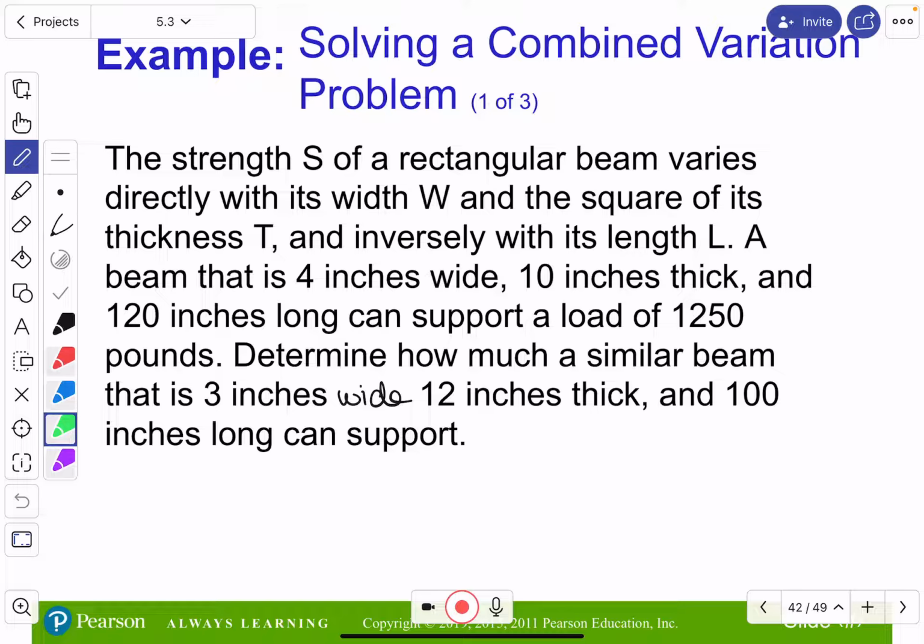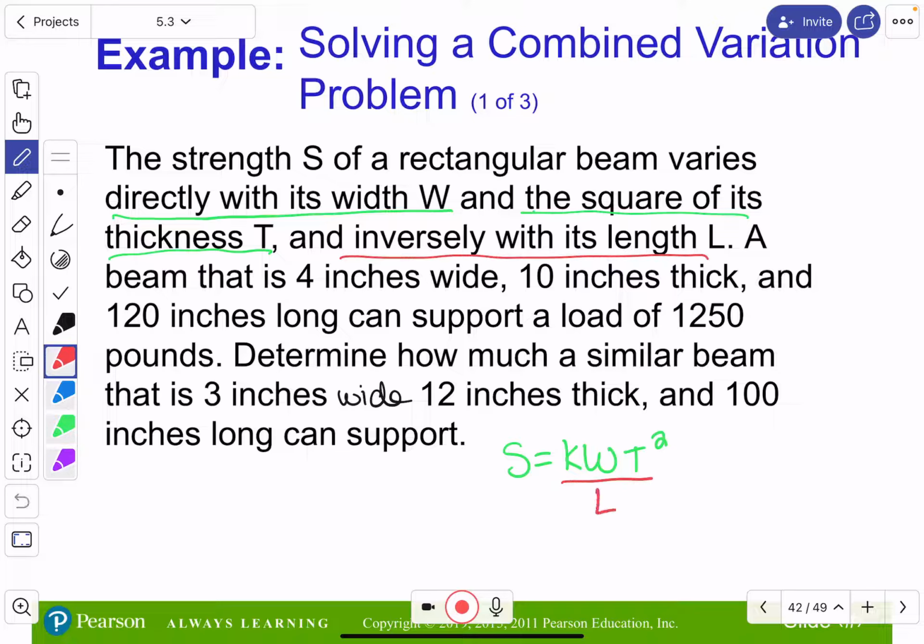The strength of a rectangular beam varies directly with width, so kW, and the square of its thickness, so we're still direct, so thickness squared, and inversely with its length. So now we have a division problem. So that's how you put them all together.